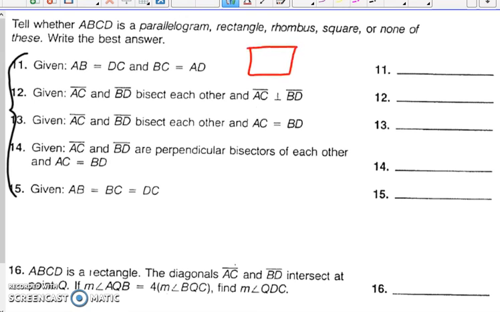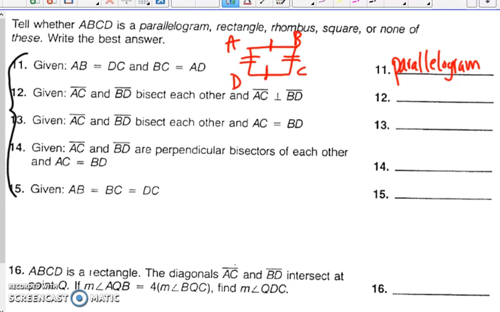So make sure you draw it with the vertices labeled in that order. This first one says AB is congruent to DC, and BC is congruent to AD. We have opposite sides congruent. The most specific quadrilateral we can identify it as is a parallelogram.